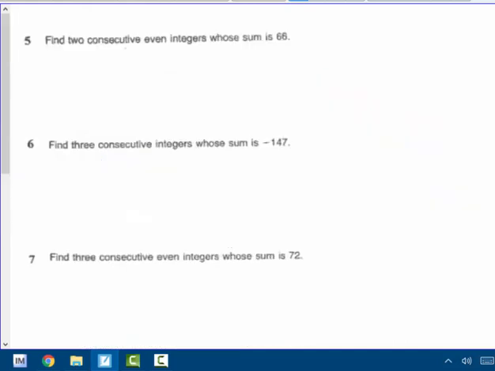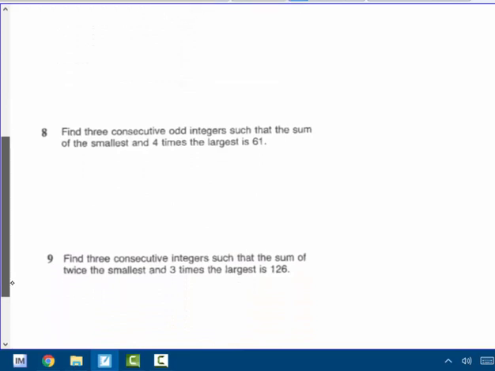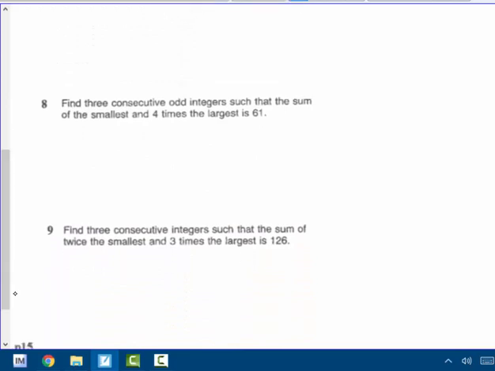I'd like to do question number 8. Find 3 consecutive, in order, in a row, like A, B, C are consecutive letters. 27, 28, 29 are consecutive whole numbers. -3, -2, -1 are consecutive integers.